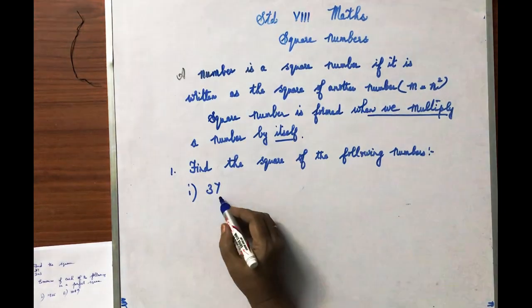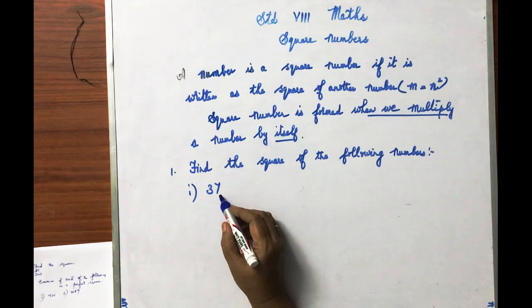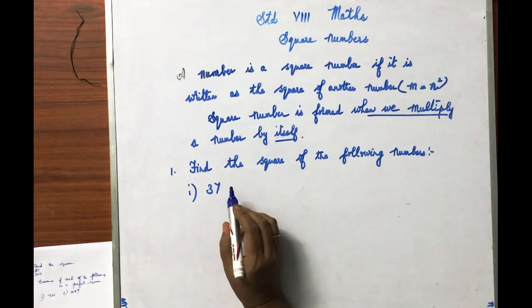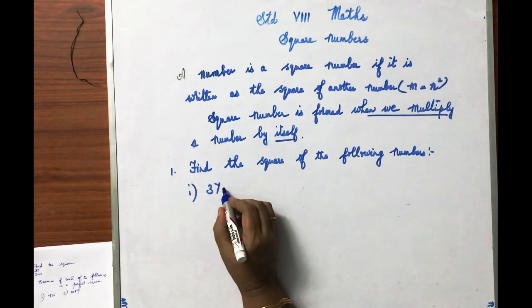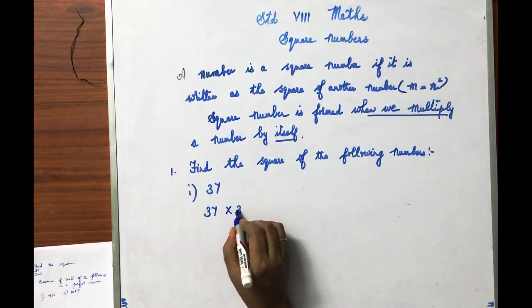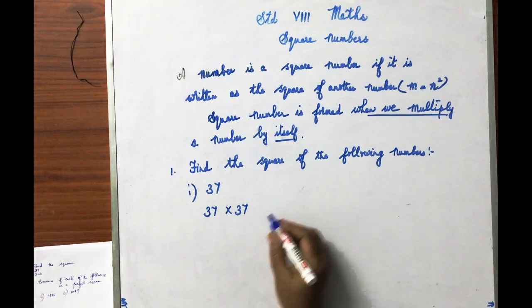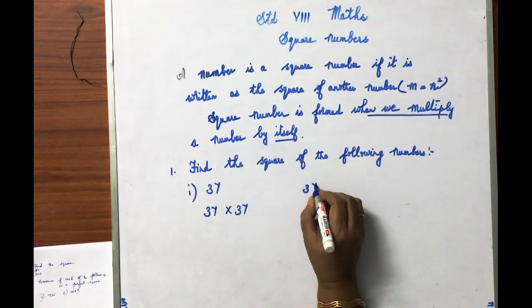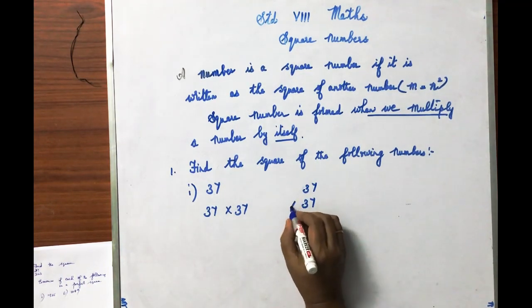Now we have to find out the square of this. For that, what we should do? We should multiply by the same number. That is, the number should be multiplied by itself. So, 37 into 37.